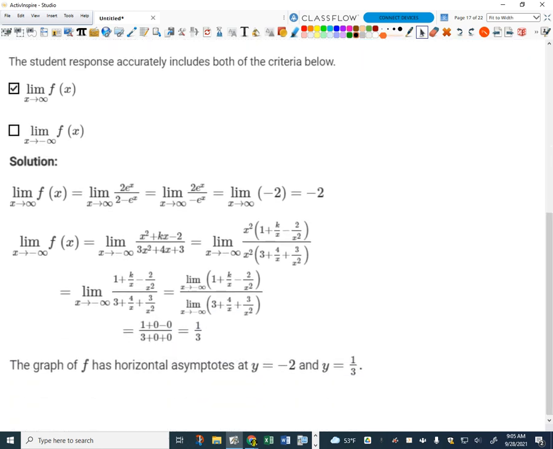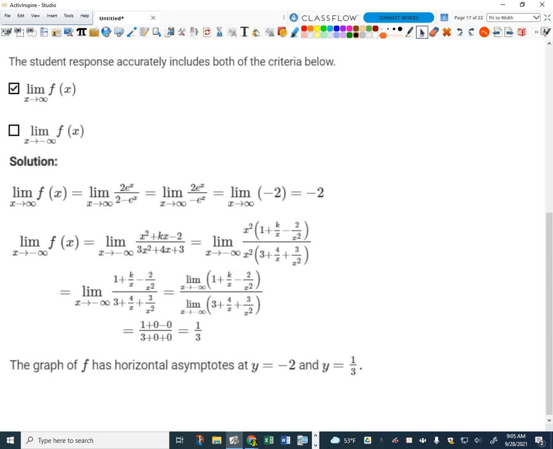So if we take the limit of the purple piece then, as x is approaching negative infinity, well, look, we got a rational function here. How do we deal with the infinite limits of rational functions? This is really simple stuff, right? I don't think you have to do all this stuff. I don't think you need that step right there.